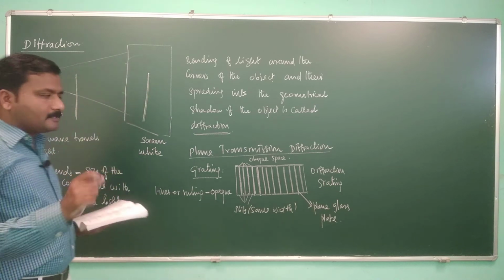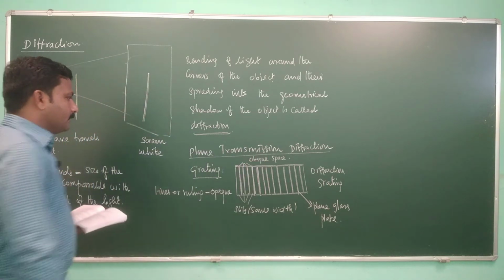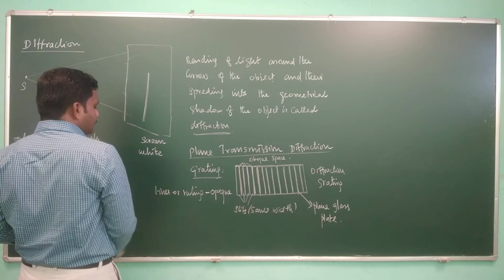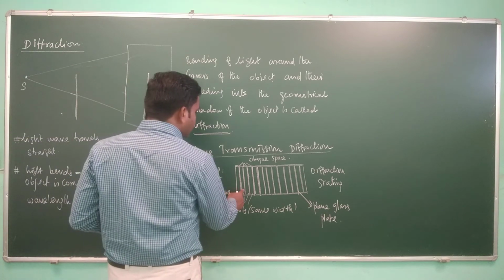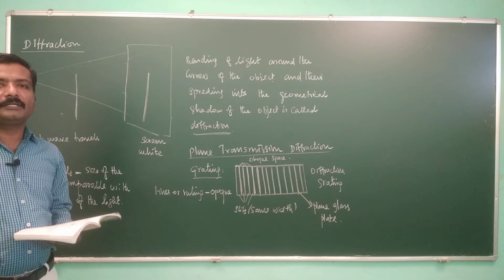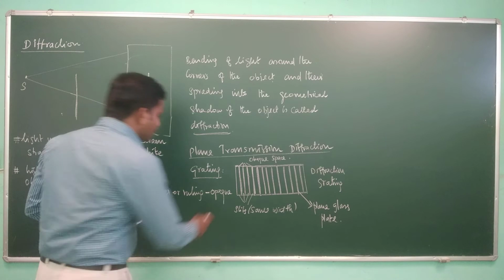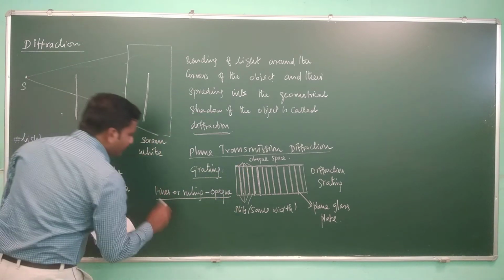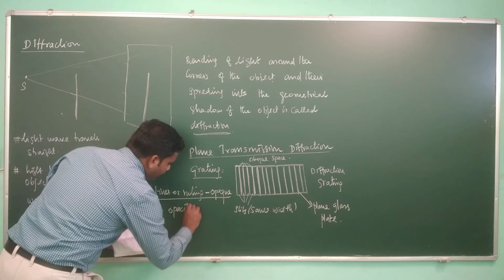This plain glass plate is graded with a diamond pointer so that all these rulings or lines serve as the opaque part, and the spaces in between are transparent, right? Now these opaque lines, the rulings, are called opacities.